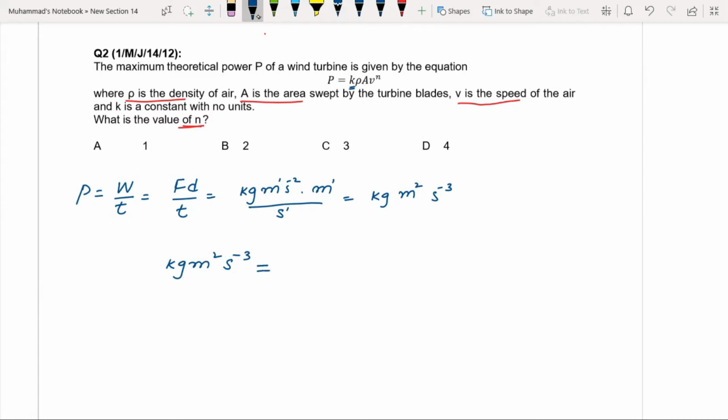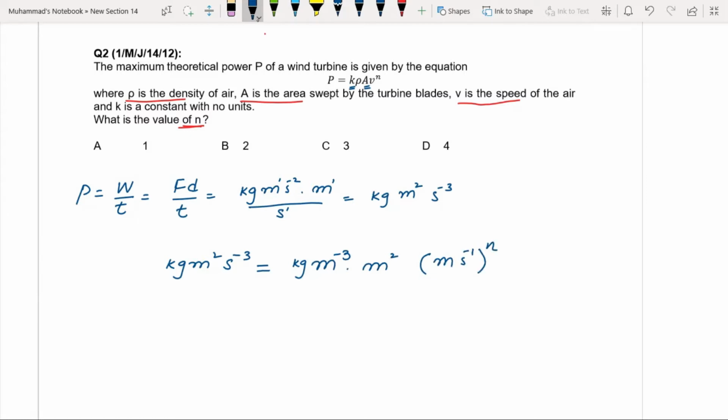And density is, you know, mass per unit volume. So kg m minus 3 is the unit of density, times the SI base unit of area, meter square, and speed is meter per second, whole power n.